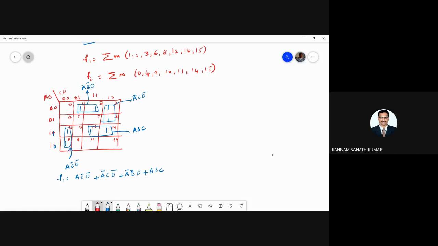Now next, drawing the K map for F2. Directly I am drawing.